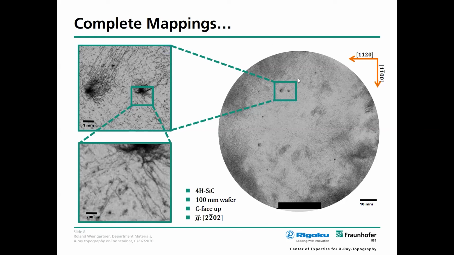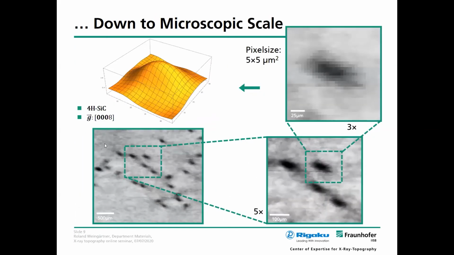I can zoom in at any position, enlarge it, enlarge it further, and even identify individual dislocations, enlarge this further until I reach the resolution limit of about 5 by 5 square micrometers, which corresponds to the resolution of our CCD.